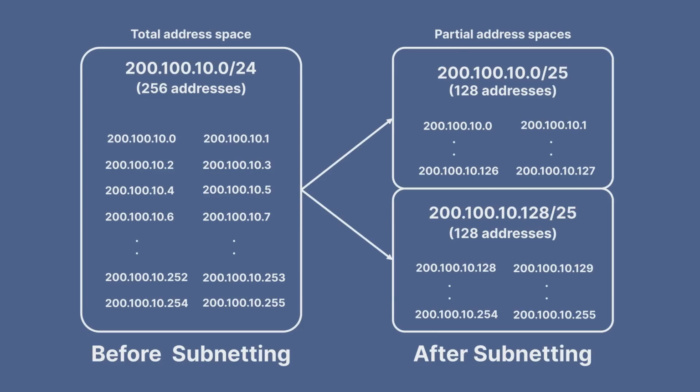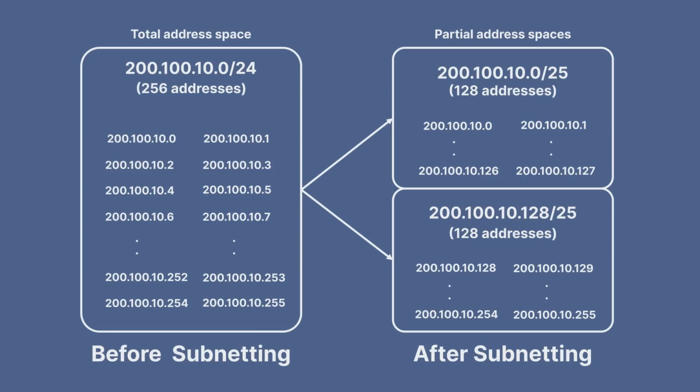This is the role of the subnet mask. What are the key features of a subnet mask? Now I will explain. The subnet mask is a 32-bit number which separates an IP address into two parts, the network ID and the host ID. It tells the device which part of the address belongs to the network and which identifies the individual device.